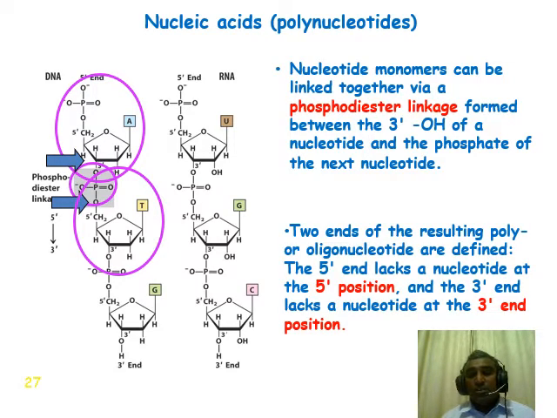So just now I said 5' position as well as 3' location. The 5' and 3' can easily be understood by counting the location of the members, starting with C1', C2', C3', C4', and C5'. If it ends up at C5' at one end of it, therefore it is referred to as the strand beginning at the C5' end.